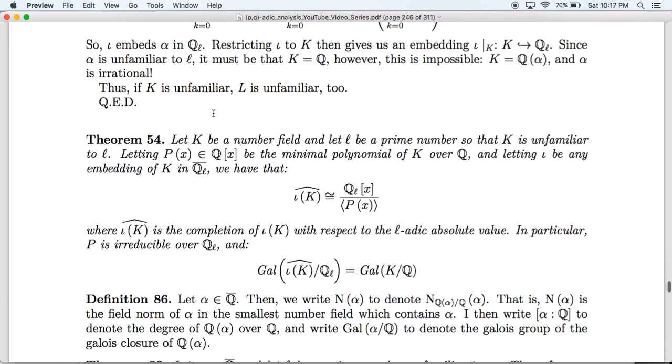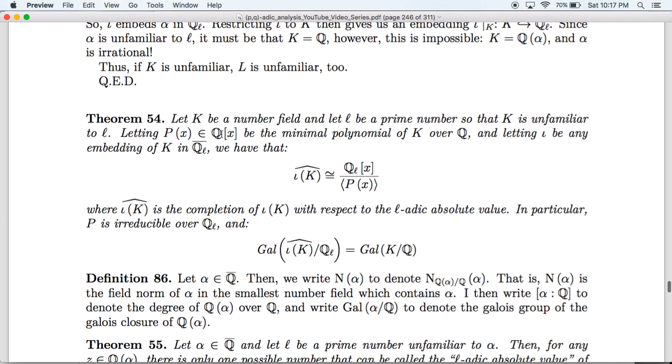And here's the big one: when you have a prime which is unfamiliar to your field, then the irreducible polynomial that generates K over Q will be the irreducible polynomial that generates the completion of an embedding of K over Q_L.